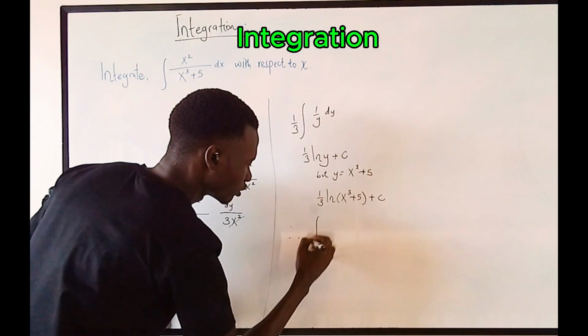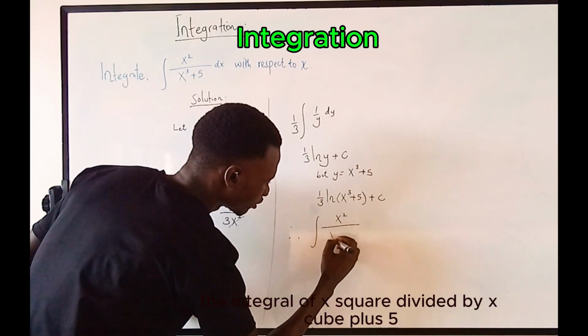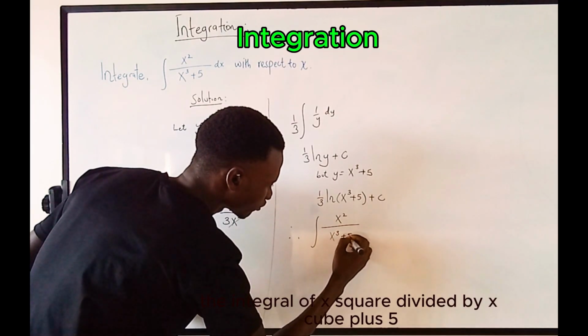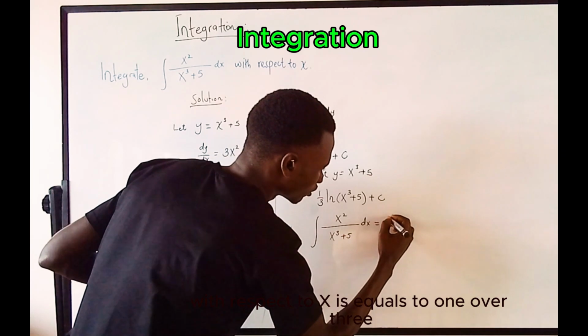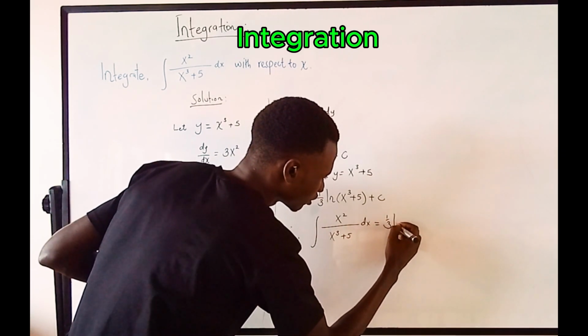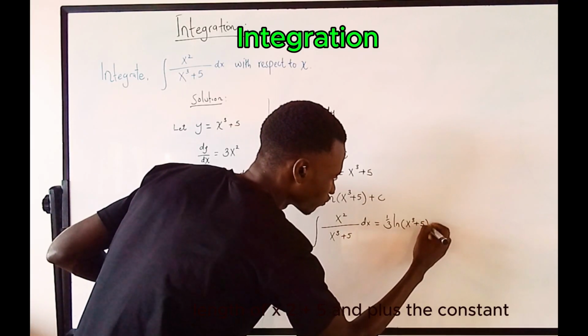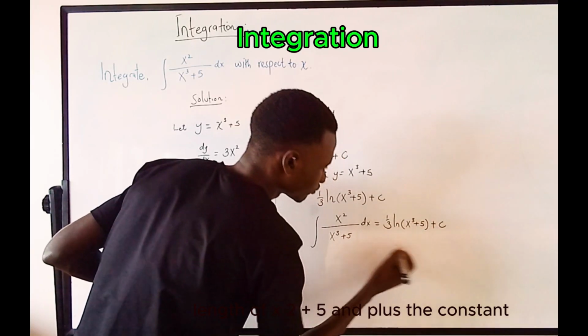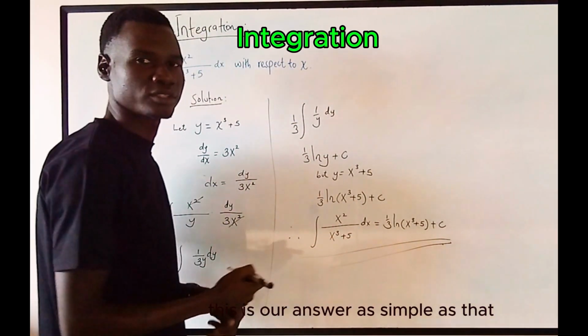Therefore, the integral of x squared divided by x cubed plus 5 with respect to x is equal to 1 over 3 ln of x cubed plus 5 plus the constant. This is our answer, as simple as that.